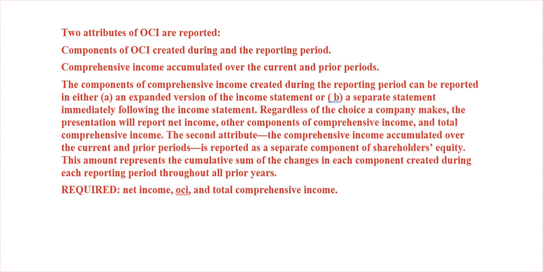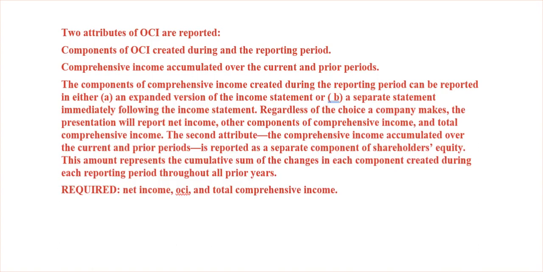So the components of comprehensive income created during a reporting period can be shown either in an expanded version of the income statement, which is what that Berkshire Hathaway is, or in a separate statement. And the separate statement should immediately follow the income statement. When you do this, the presentation on that separate statement starts with net income, gives the other changes from OCI items, and then lastly gives you comprehensive income.